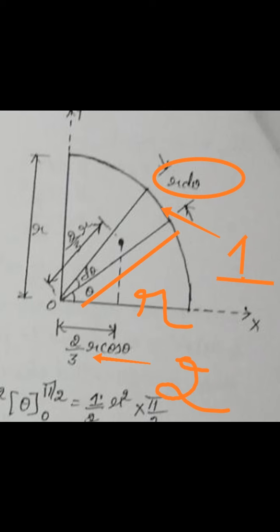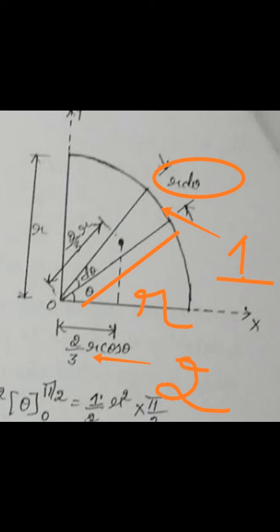How do we resolve it? Same as resolving forces, it is the distance. It is common, no need to mug up. Just remember: take a quadrant, draw one quadrant, take one small strip. In that strip, make the height r d theta, and the distance is the radial distance.